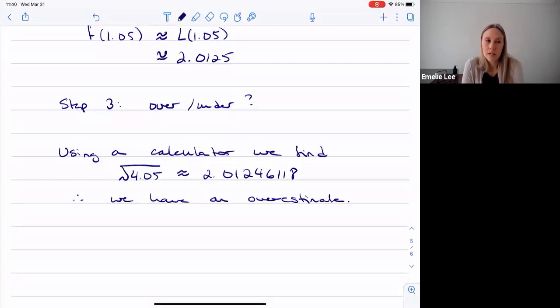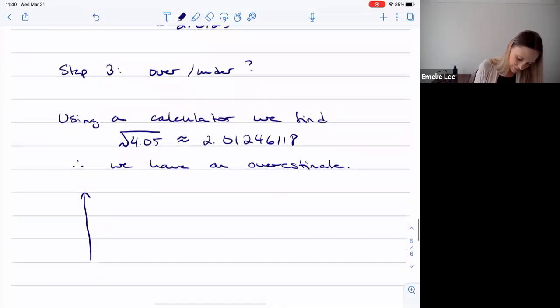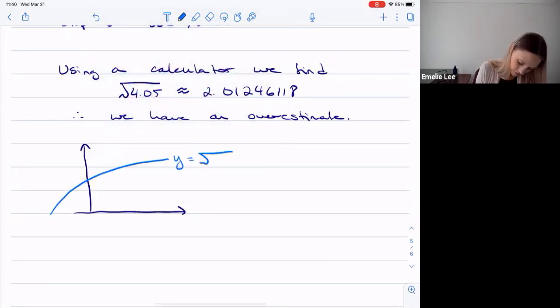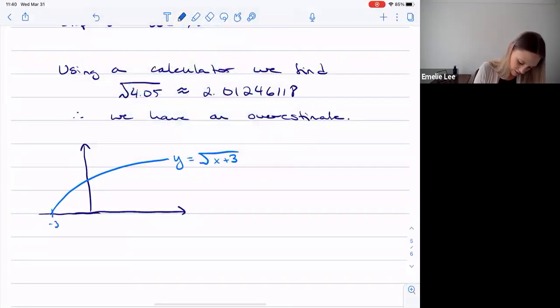Constantly having an overestimate depends on the function, right? But if we think about what the root of x plus 3 looks like, y equals the root of x plus 3, and here I am at -3, it makes sense that this tangent line would always just be on top.